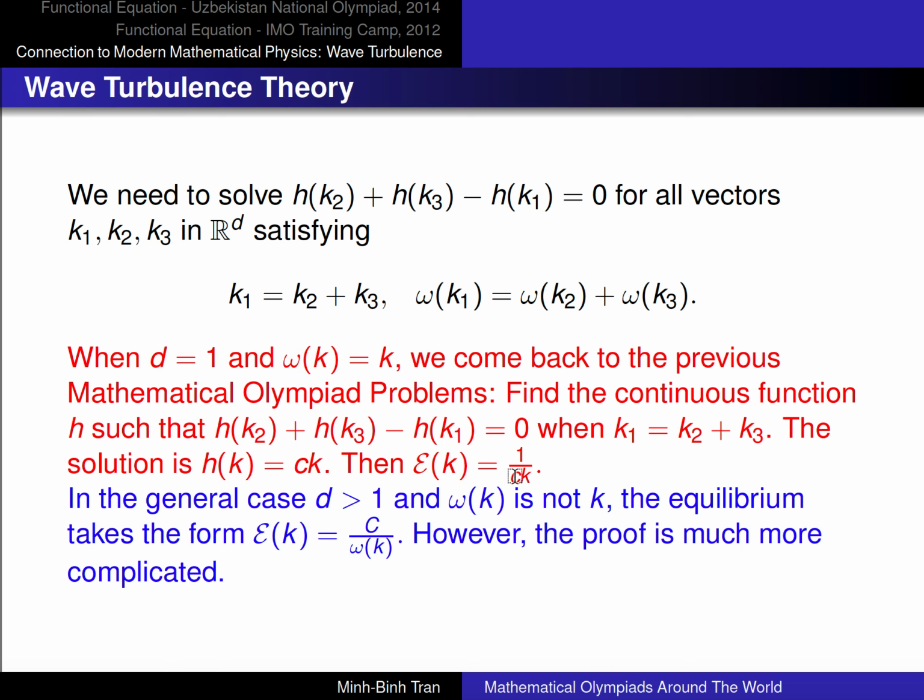Of course, in the general case, omega(k) is not k and d is greater than 1. Then the equilibrium has also a very similar form, c over omega(k). However, the proof is much more complicated.